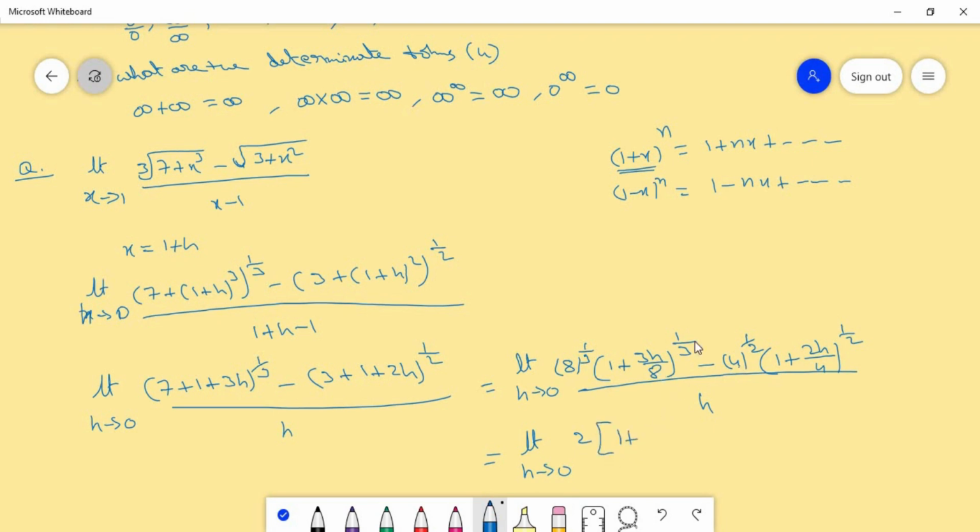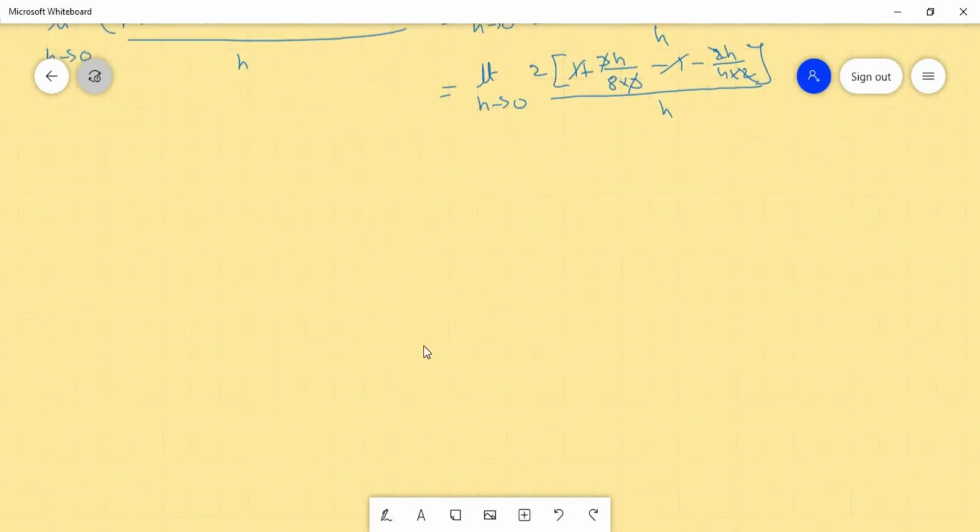Then binomial approximation one more time we are applying. Then 1 plus 3h by 8 into 3, minus, take inside, 1 minus 2h by 4 into 2, whole divided by h. Here 3 cancel, here 2 cancel, here 1 cancel. Then what is the remaining value?